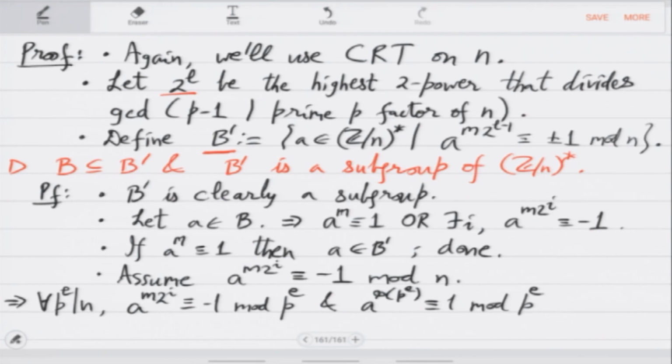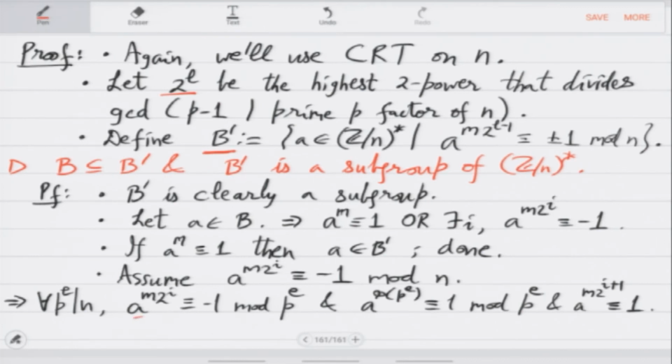And one thing more you can write, which is obvious, that A raised to m 2 raised to I plus 1 is 1. So, you know these three things.